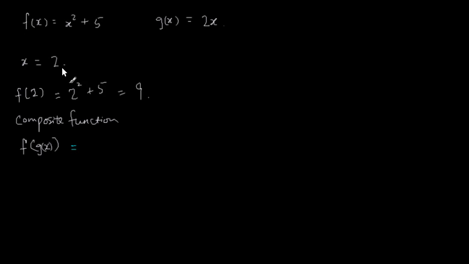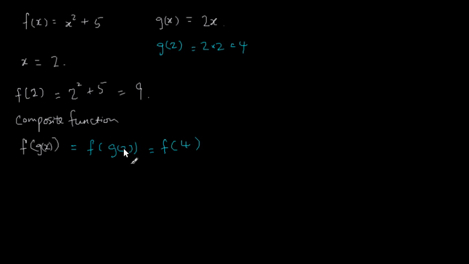So if x is equal to 2, it means that I have f(g(2)), meaning that I substitute 2 into the x here. Now, what is g(2)? If I just look at this directly, g(2) is when I substitute 2 into the x here, and that gives 2 times 2, which is 4. So I can think of this as f(4).